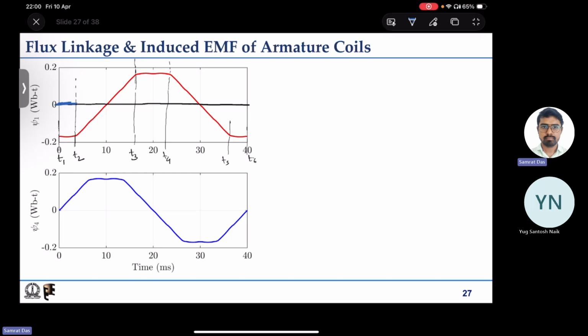So the induced EMF will be 0. Between T2 and T3 the flux linkage rises linearly, so the derivative will be a constant number, so it will have some positive induced EMF. Again between T3 and T4 the flux linkage is almost flat, so there is zero induced EMF.